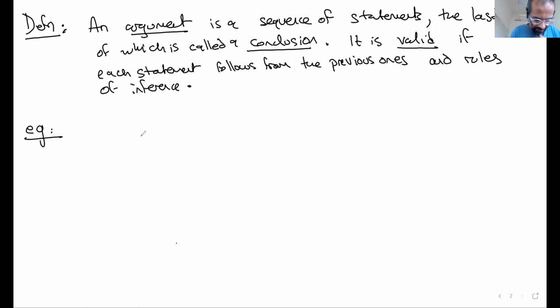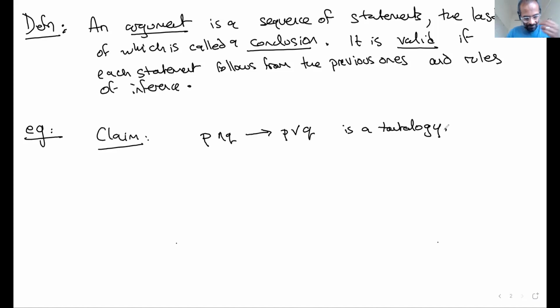So here's an argument proving that the following is true: P and Q implies P or Q. So this is a tautology. Okay, so what's the argument?